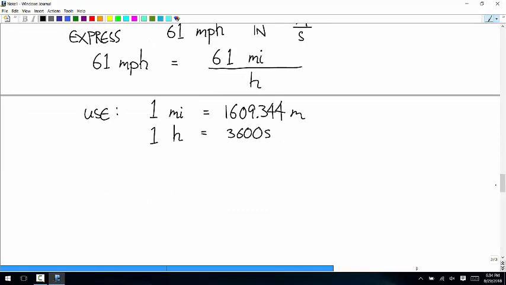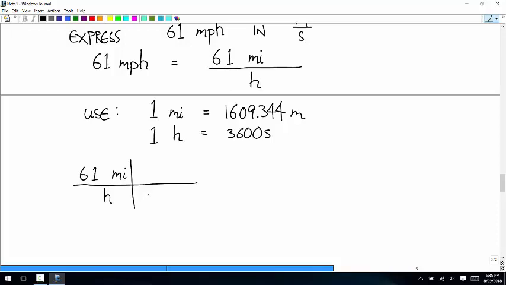Okay, so our starting value is 61 miles divided by hours. And it's going to be the same process as it was before, except we're just going to have to do it in 2 steps. So we're going to have to multiply by one ratio that converts miles to meters, and then multiply that by another ratio that converts hours to seconds.